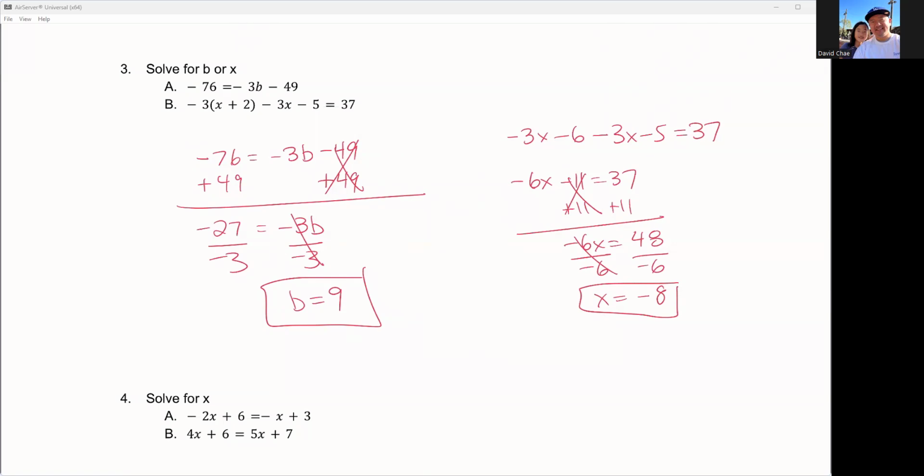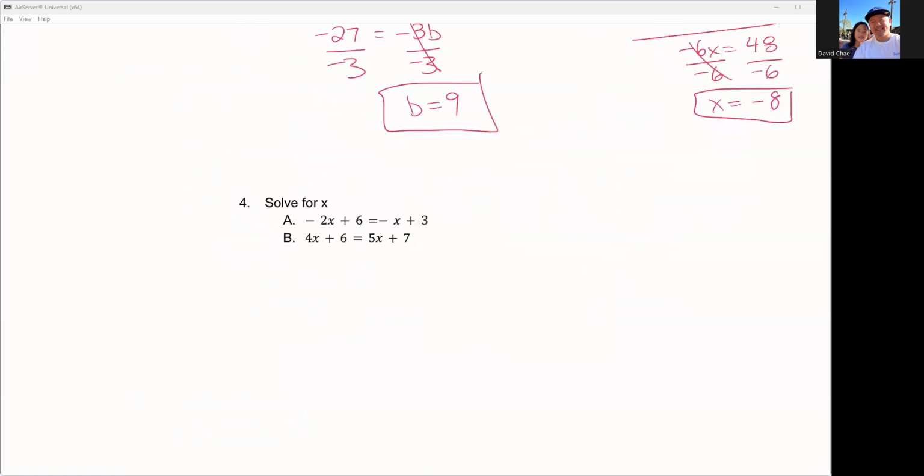All right, no, letter A here. Here we go. Negative 2x plus 6 is equal to negative x plus 3. What do we do here? Notice that there's a variable on both sides of the equal sign, right? And by the way, you have all seen this before, all right?